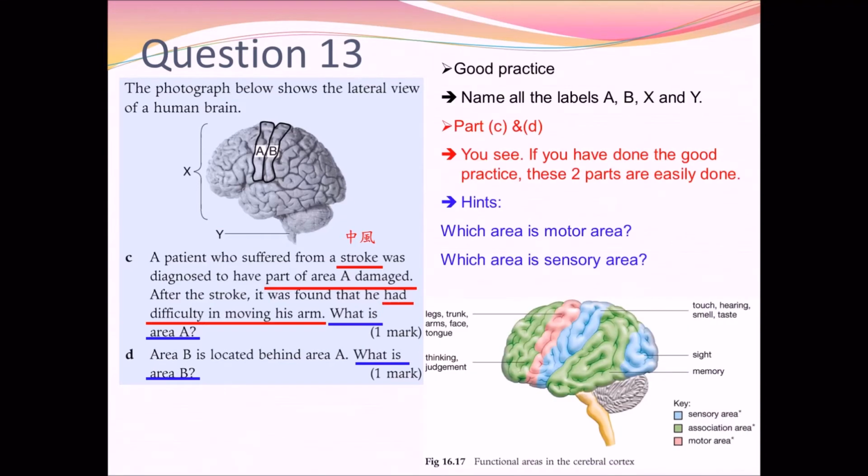Also good practice: if you have already named area A and area B before you go to part C and part D, these 2 questions will be extremely easy. Which area is the motor area? Which area is the sensory area? Although you may not be able to recall it at this moment, once you take a look at the diagram in the book, I think you can find the answer very easily.